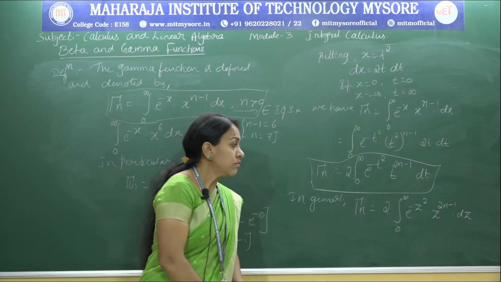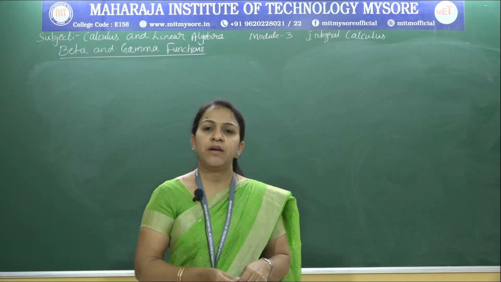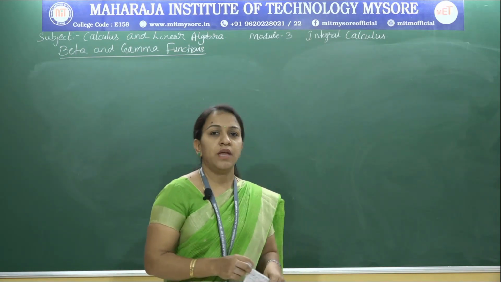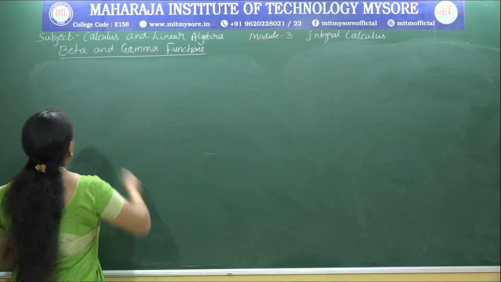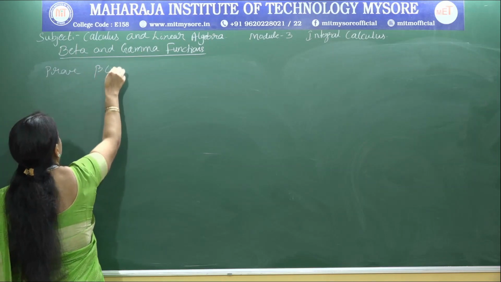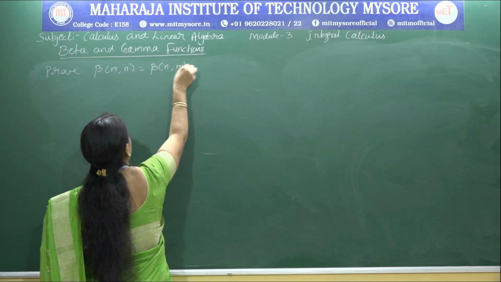Now, we have some standard properties of the beta and gamma functions. Let me prove those properties. The first property is to prove that beta m comma n is the same as beta n comma m.